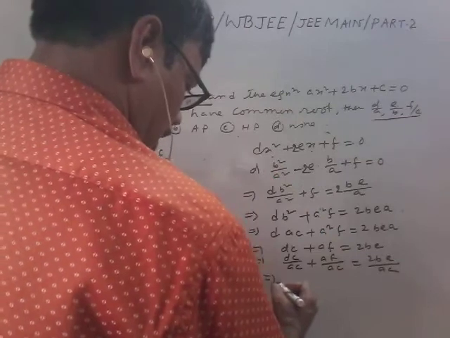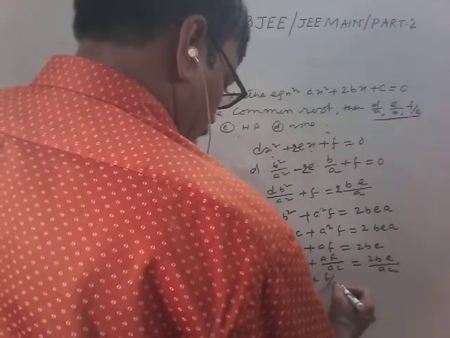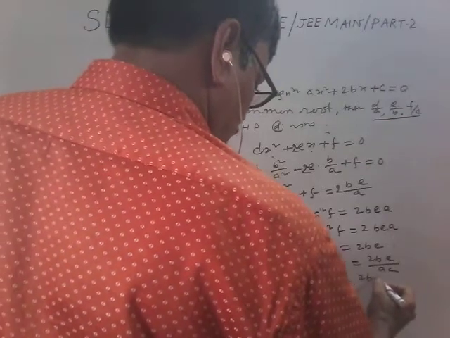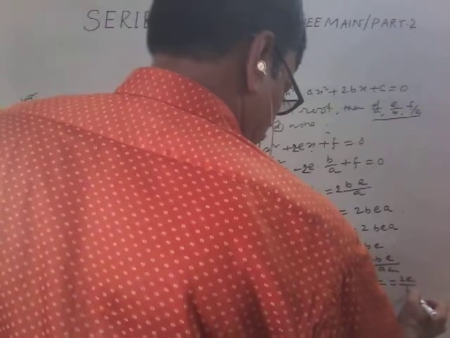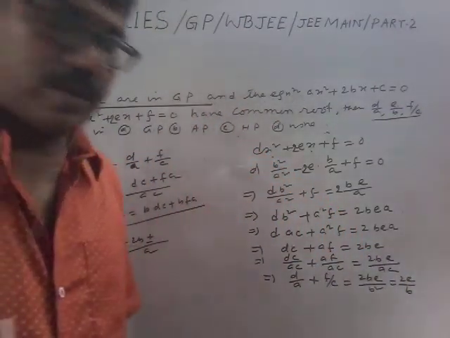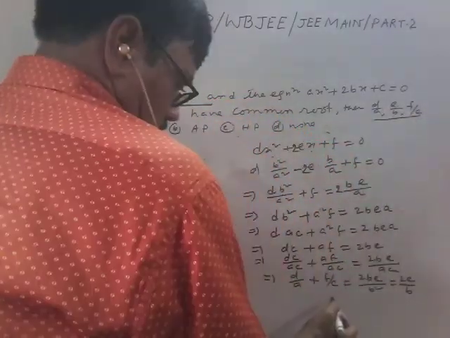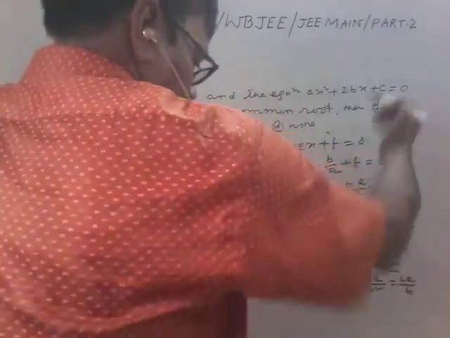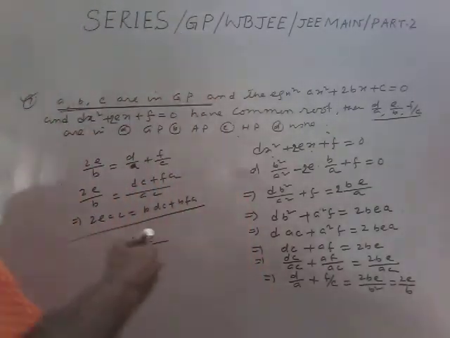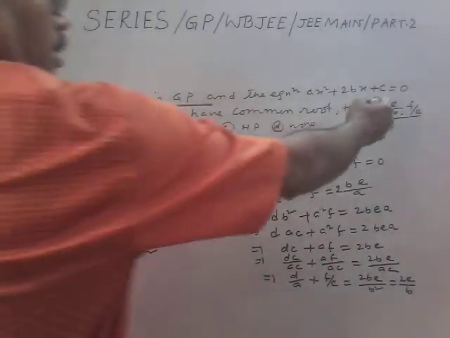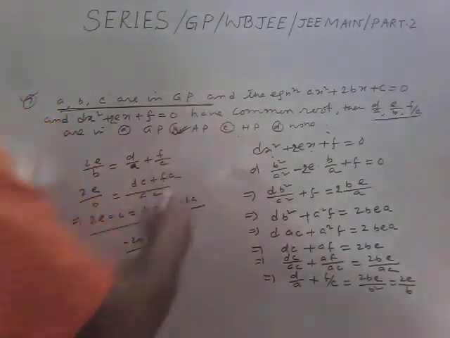So what we are getting? d by a plus f by c equals 2be, and ac is b square, so 2e by b. So look, first term plus last term equals twice the middle term. So we can say d by a, e by b and f by c are in AP.